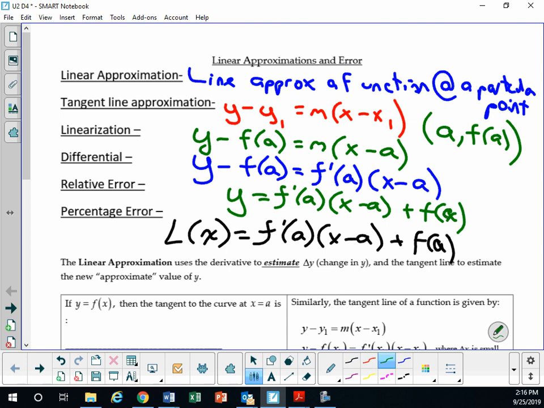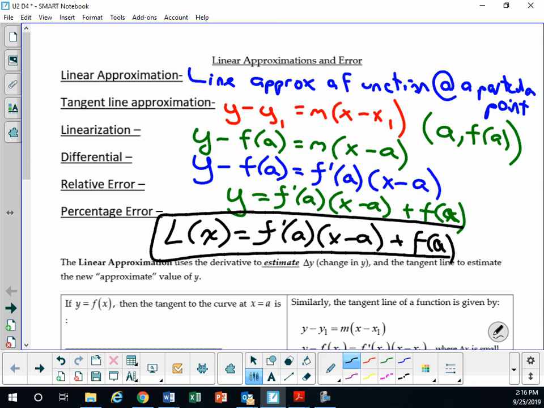A, right here. What this is saying, ladies and gentlemen, is that you have an x value and your a is really close to it. We want to approximate. So the differential, when we talk about linearization, a differential is a derivative, or a change in y, or a change in x.